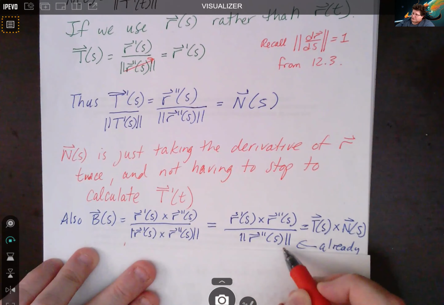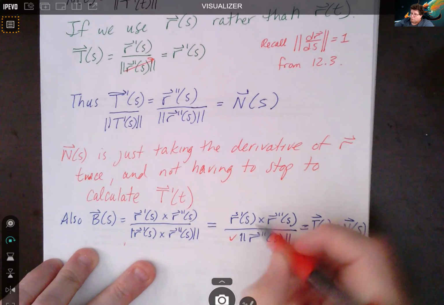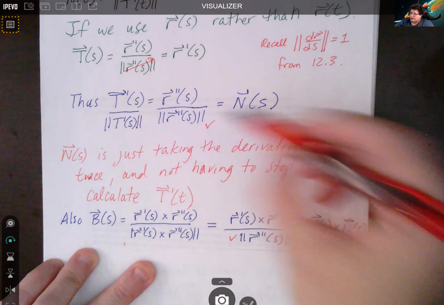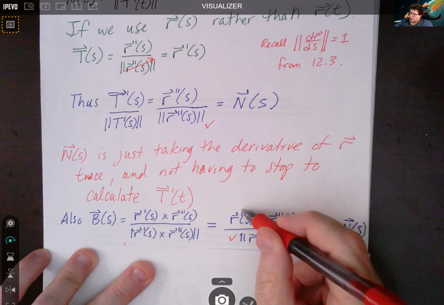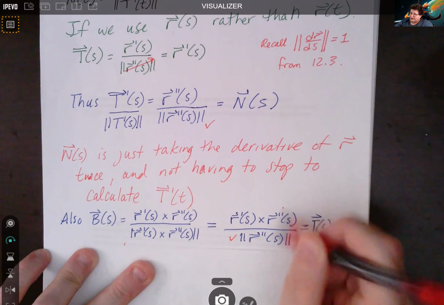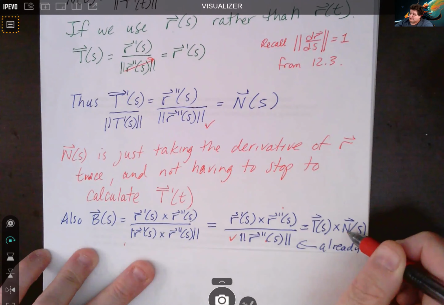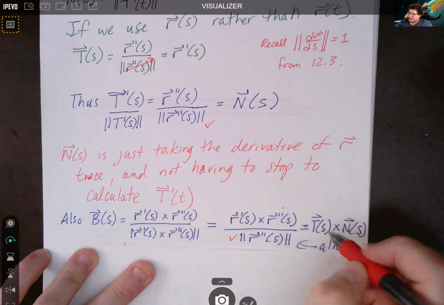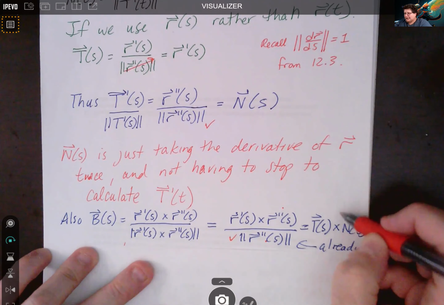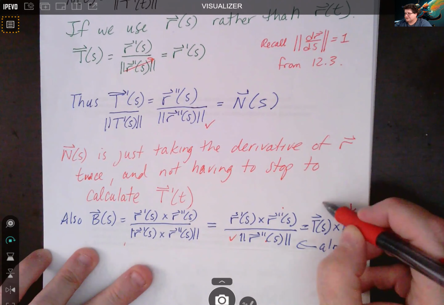The bottom here is just the magnitude of r double prime of s. We've already calculated this when we did T. So all you need to do is r prime cross r double prime and divide by this, and you're done. You don't ever need to find N of s or T of s directly.